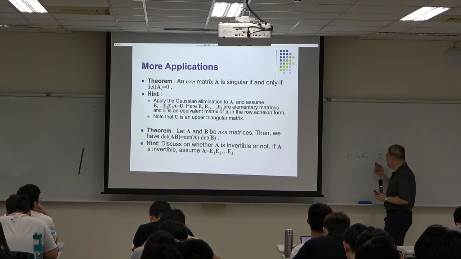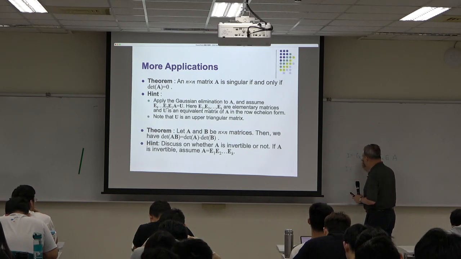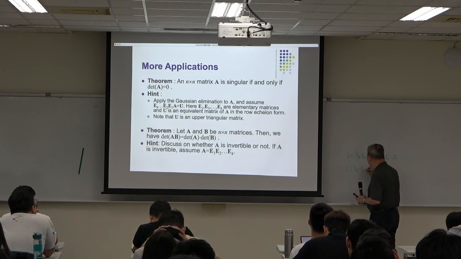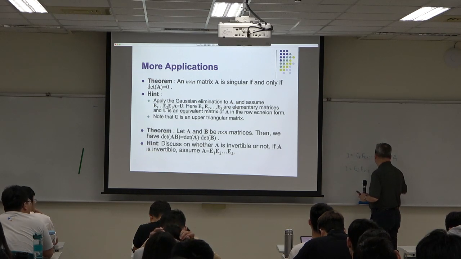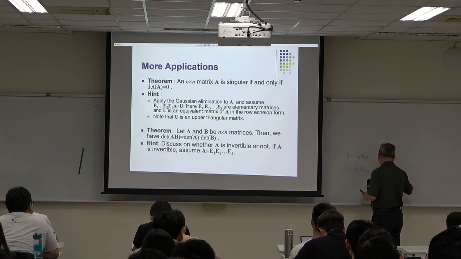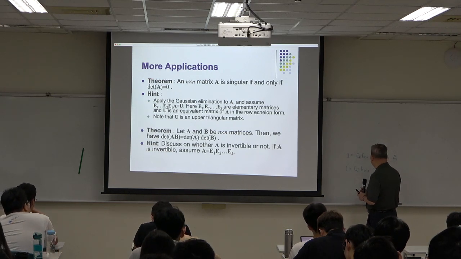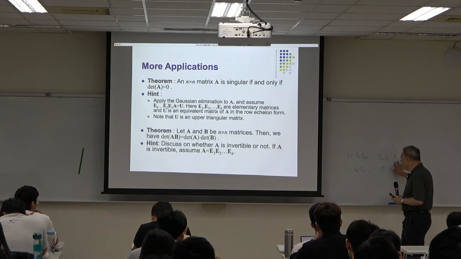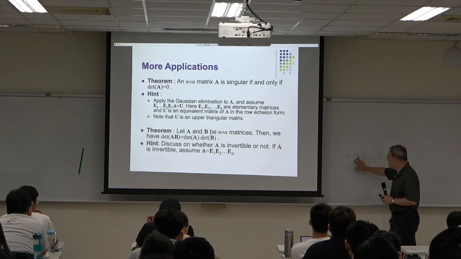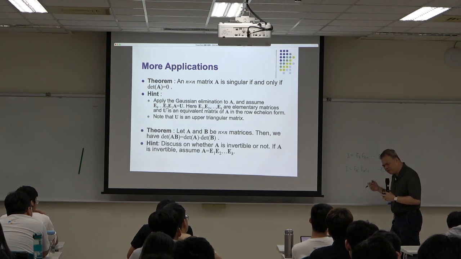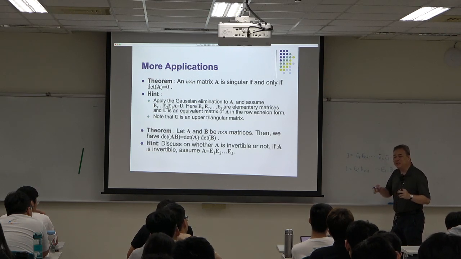Similarly, when B is non-singular, we have the same thing. And remember that all these matrices corresponding to the elementary row operations are invertible, right?